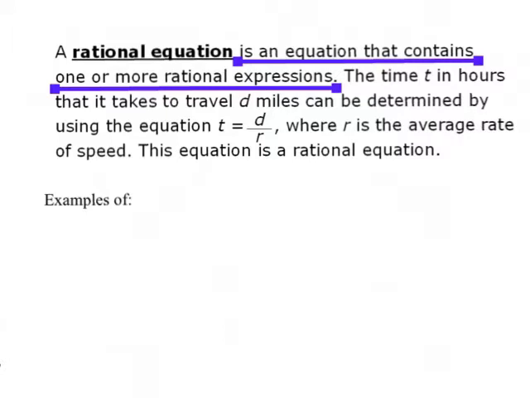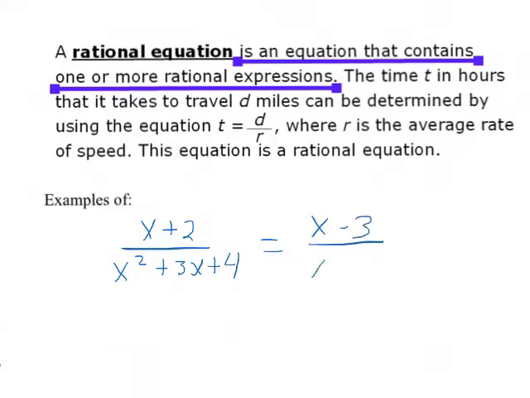Let's say that I give you a polynomial, say x plus 2, over top of, say, x squared plus 3x plus 4, and then I were to give you another rational expression on the other side, and it could be something like, say, x minus 3 divided by, say, x plus 4. Now, notice I have a rational expression on the left, a rational expression on the right. When I put that equal sign in the middle of them, it becomes a rational equation.